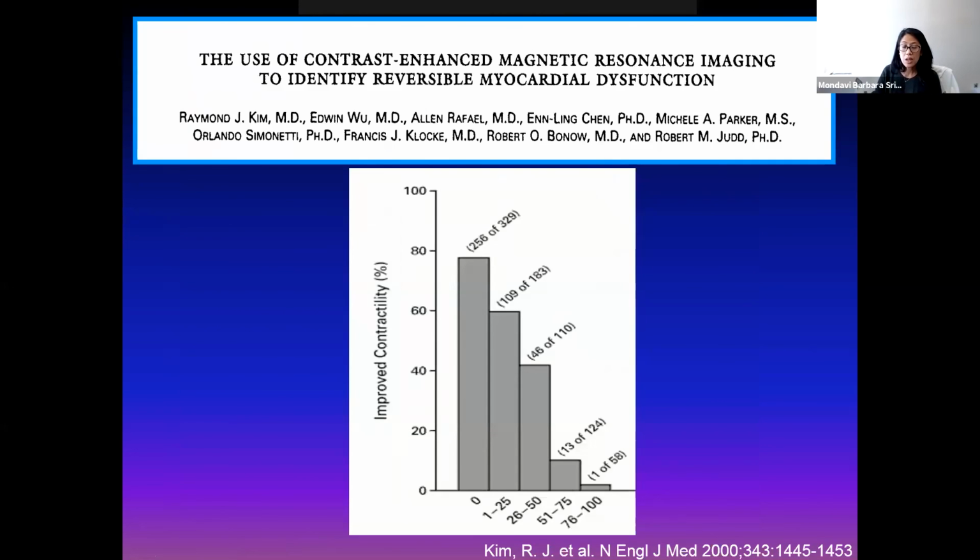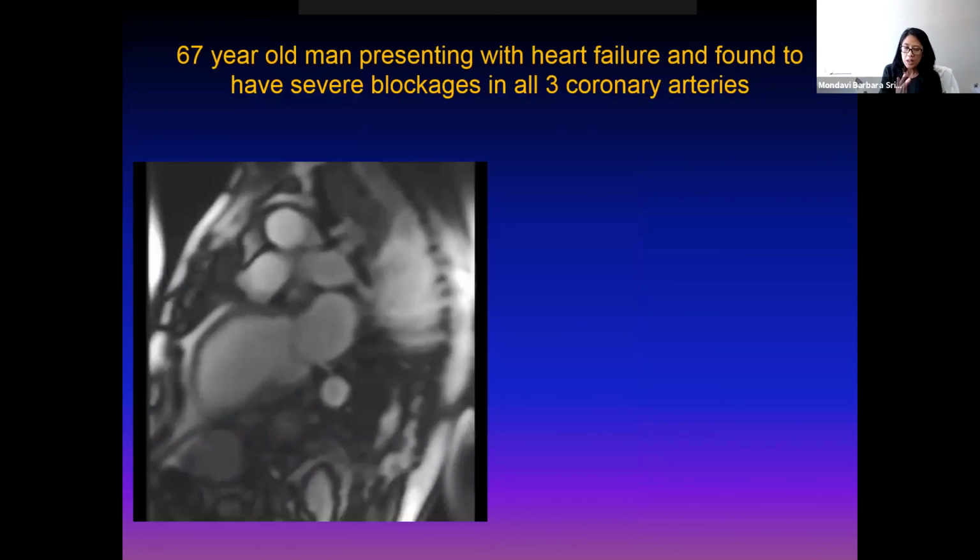And then the other, which has fallen a little bit out of favor now, but in older literature it was shown that the extent of enhancement, and this is for ischemic patients, so looking for viability, if you have more than 50% subendocardial enhancement, the likelihood for improvement in function is actually decreased.